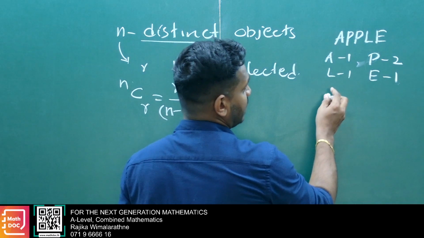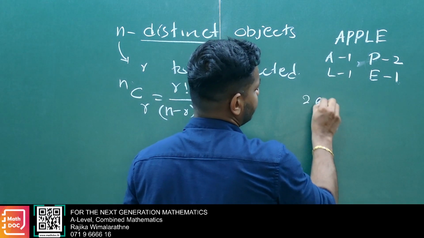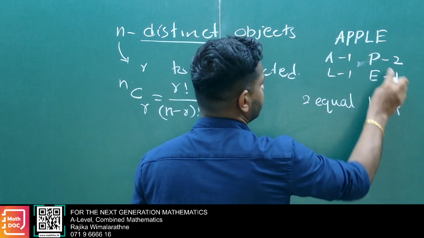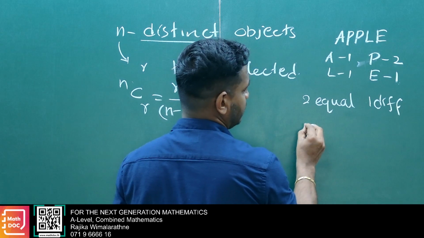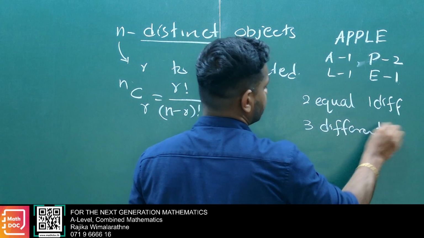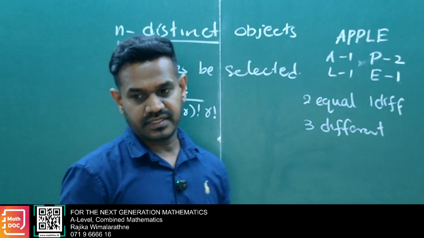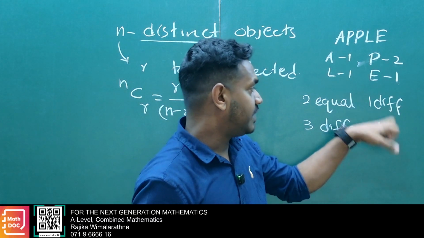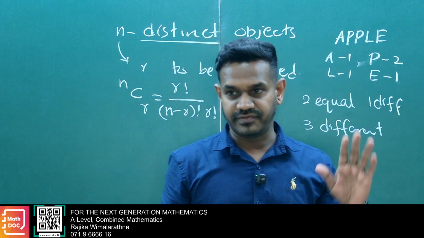Then the selection can be done as two equal, one different, or three different, because here we have two as the maximum equal and three different. That's how we select.